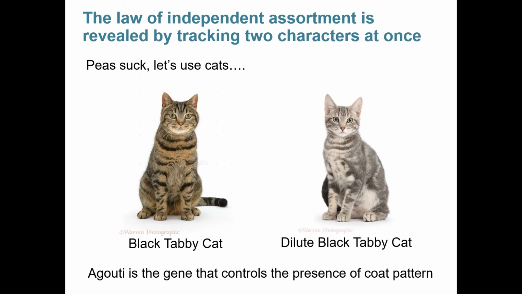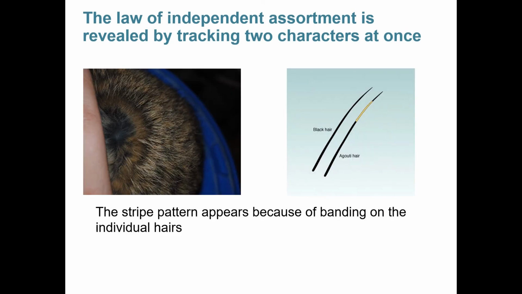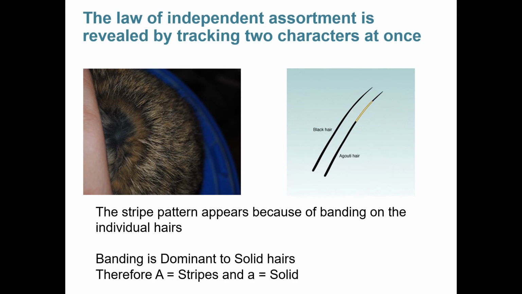So that you can get an idea of what these traits look like together, the cat on the left would be a black cat that has a pattern, whereas the cat on the right would be a dilute cat that has a pattern. The reason the pattern shows up is because the agouti gene allows for color to be deposited into the hair in a stripe pattern. When the hairs lay down together, they create the illusion of stripes. As you might imagine, having stripes is dominant, and not having stripes is recessive.